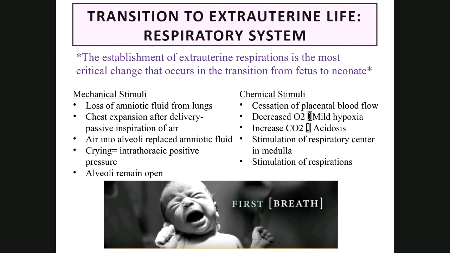So the fetus is in mom, the baby is born, it's a neonate, and the establishment of extrauterine respirations, that means the baby figuring out how to breathe outside the uterus, is the most critical challenge in the transition from fetus to neonate. I'm stressing that sentence as in learn that, know that.